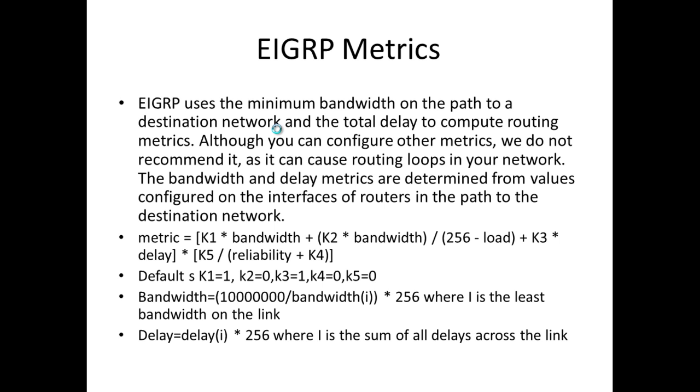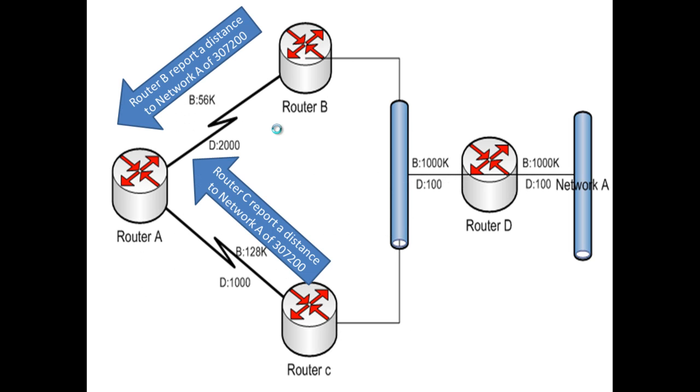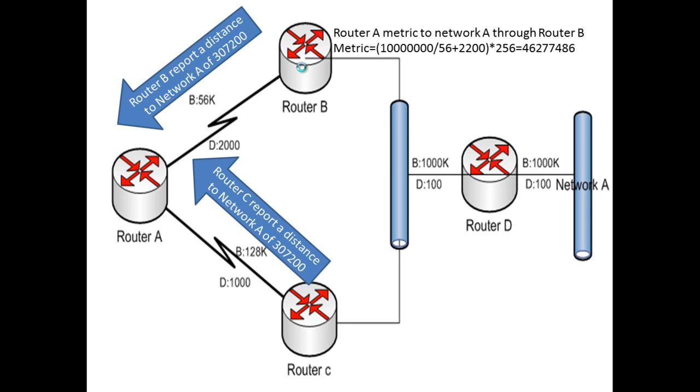And the delay is the sum of the delays in microseconds multiplied by 256. So here's the diagram: router B and router C are advertising the reported distance. We can see here the bandwidth between router A and router B to go to network A.